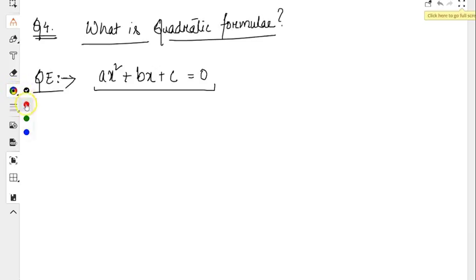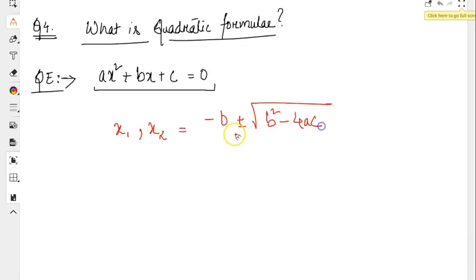Now by the completing the square method, I can find a formula for this. That means my solutions or my roots will be x1 and x2. I will get two zeros or two roots of this particular equation, so I will have two solutions. They will be minus b plus or minus square root of b square minus 4ac, divided by 2 times a.